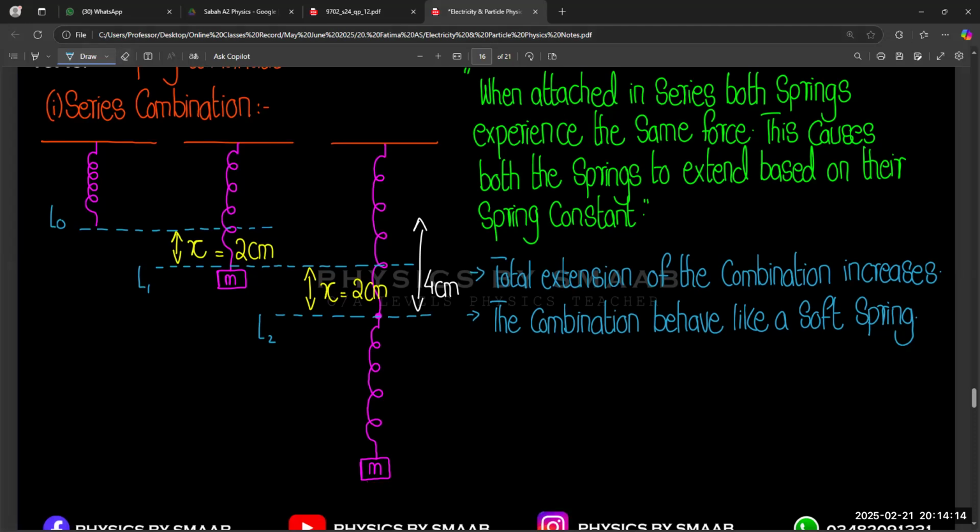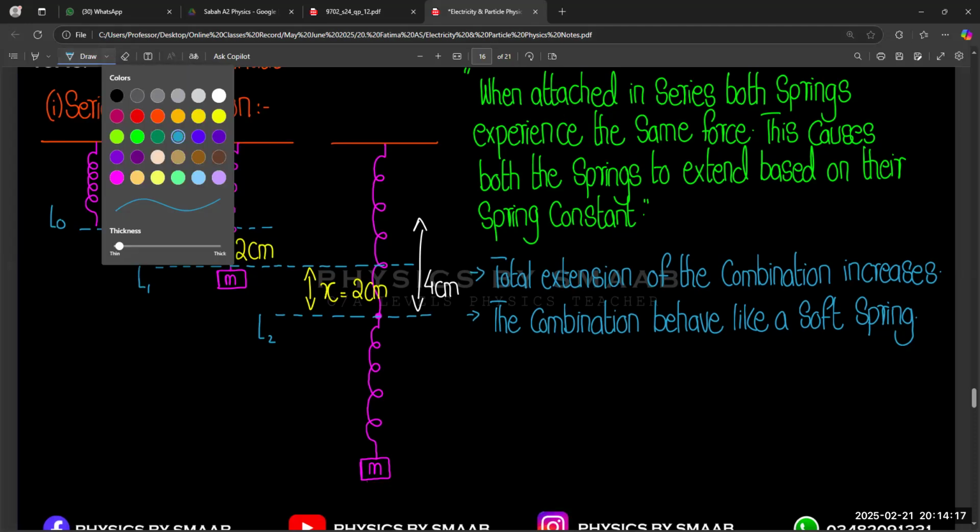And for example, if we want to write down the equation, so the equation for total extension can be written as xt.